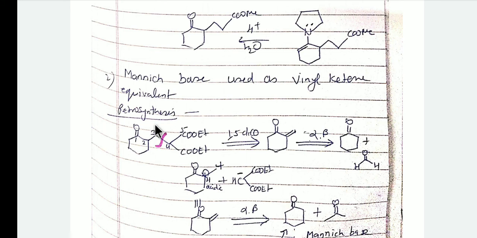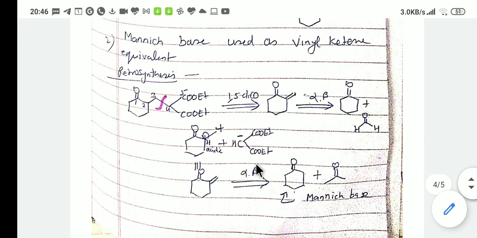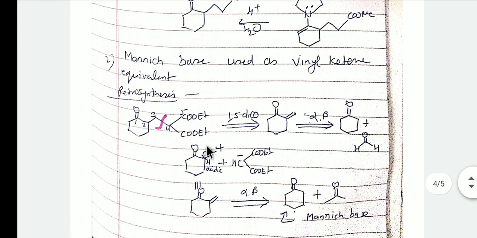So we say this is a 1,5-diCO, and the disconnection takes place between the 3 and 4 carbon atoms, and we get two synthetic equivalents here. The first one is this one and the second one is this one.